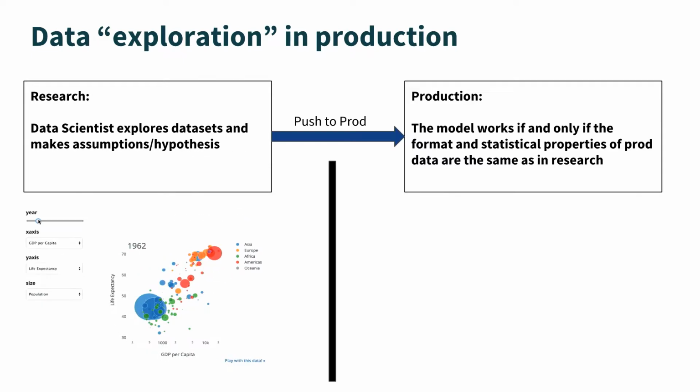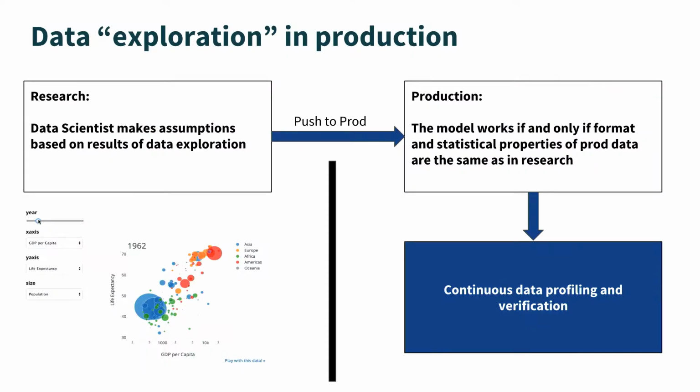And once the model has been pushed to production, it works if and only if the format and statistical properties of production data are the same as in research. I think that's obvious for everybody, and the whole framework is clear. So that means that in production we have to continuously do data profiling and verification, comparing it with the data profile of our training data sets.